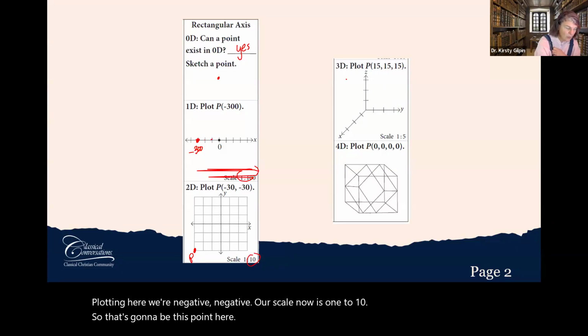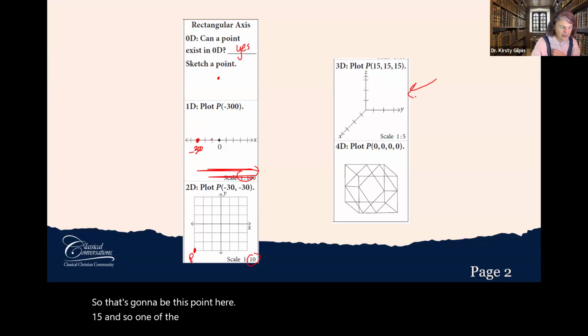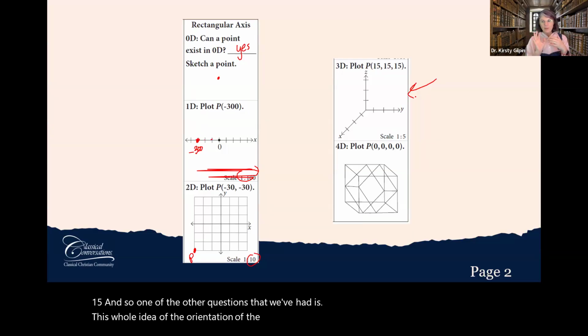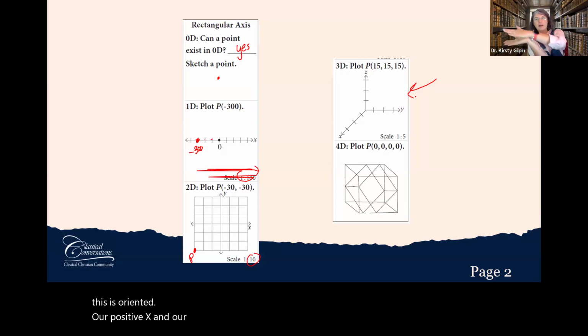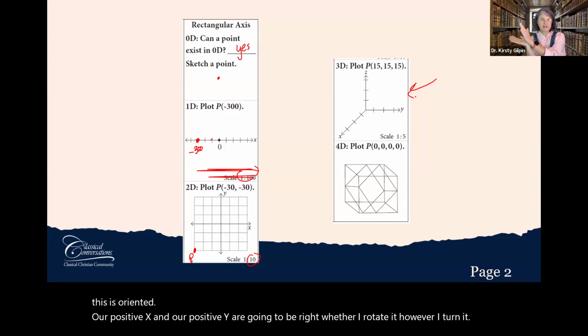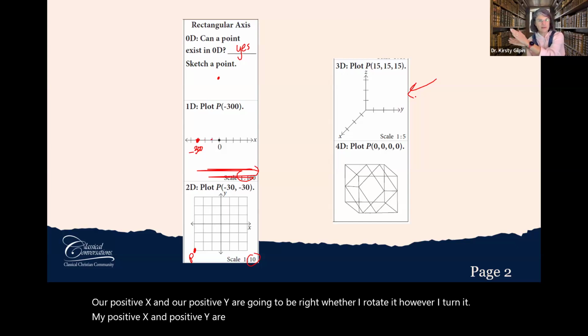15. And so one of the other questions that we've had is this whole idea of the orientation of the XYZ. What I want you to see is that no matter how this is oriented, whether I rotate it however I turn it, my positive X and positive Y are going to be relatively the same.